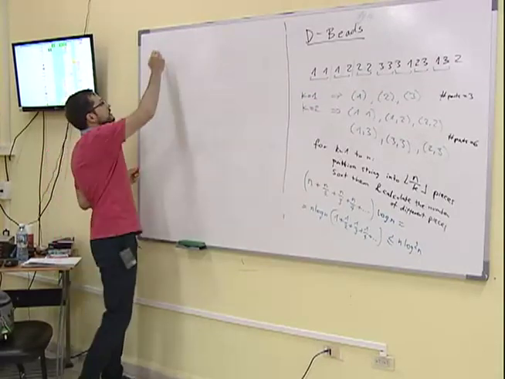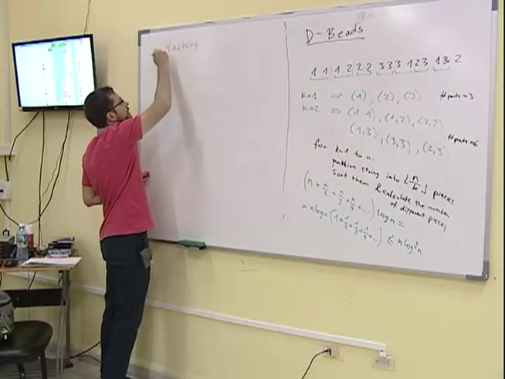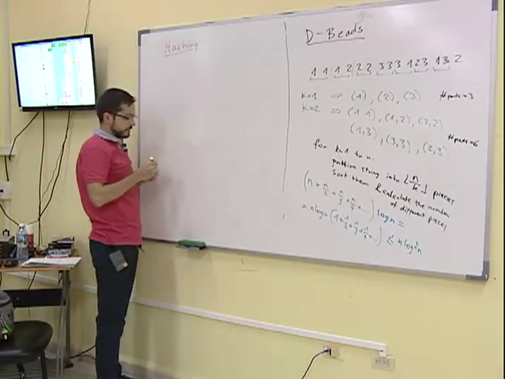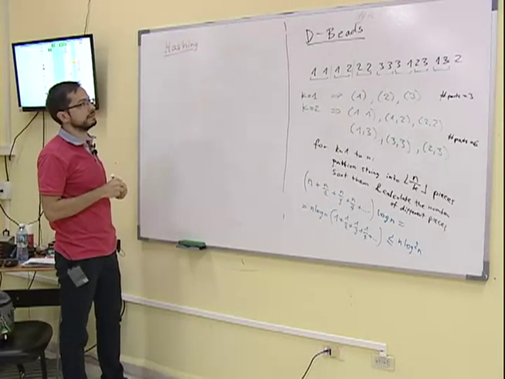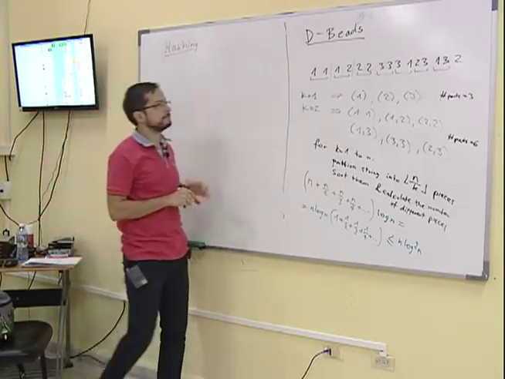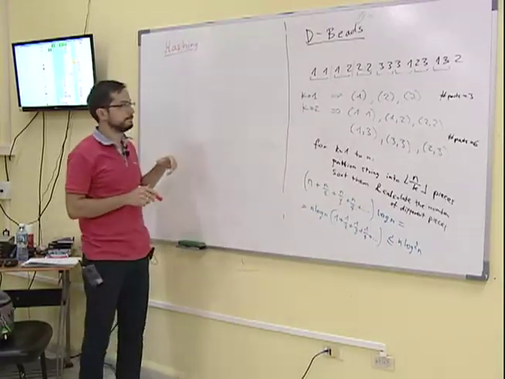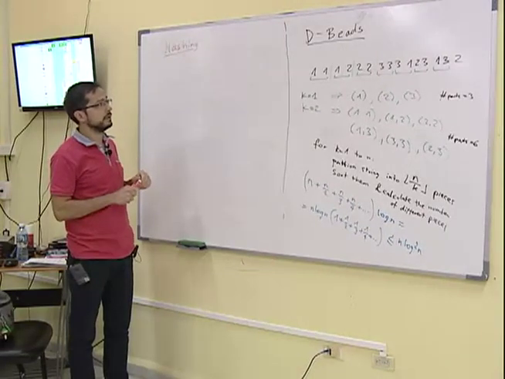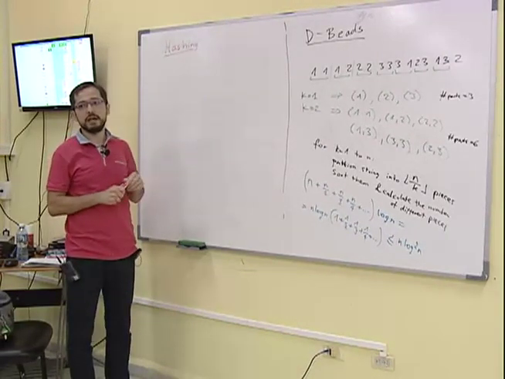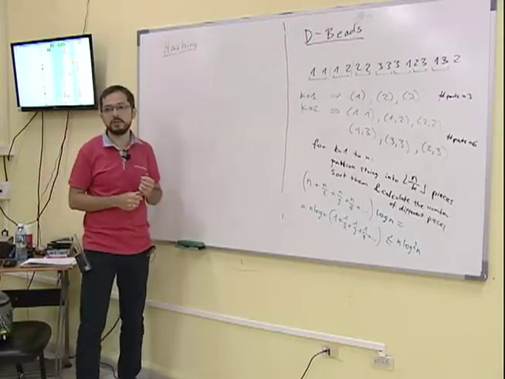Okay, so first one, hashing. The idea is to present the parts of the string as a number in a very big base, and then to take this number modulo some big prime number.